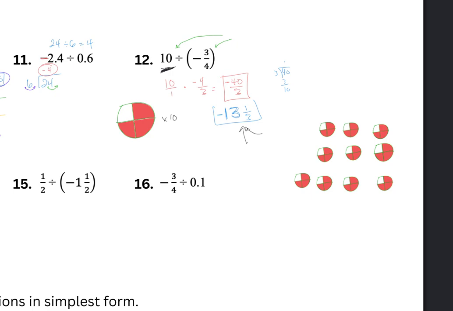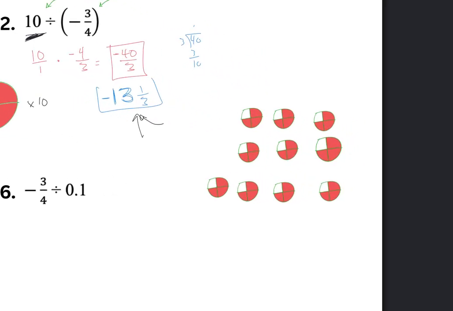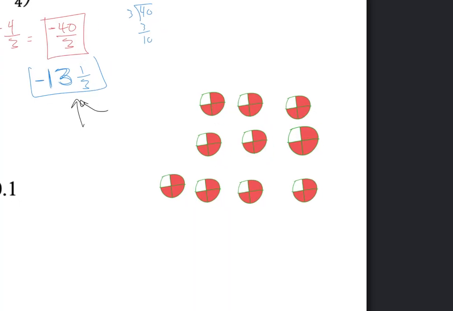So now we can do this question, right? Basically, if you and your friends were like, hey, there's 10 pizzas, and we all want to eat 3/4. How much pizza is going to be left over? Well, like I said, there's 1, 2, 3, 4, 5, 6, 7, 8, 9, 10 3/4 right there.